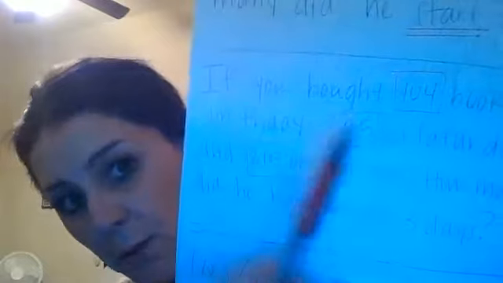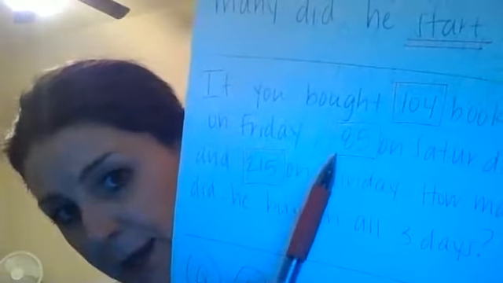Okay? The next question. If you bought 104 books on Friday, 85 on Saturday, and 215 on Sunday, how many did you buy in all 3 days? So I'm going to go ahead and mark my word problem with the numbers that I need that it gives me. 104, 85, and 215.